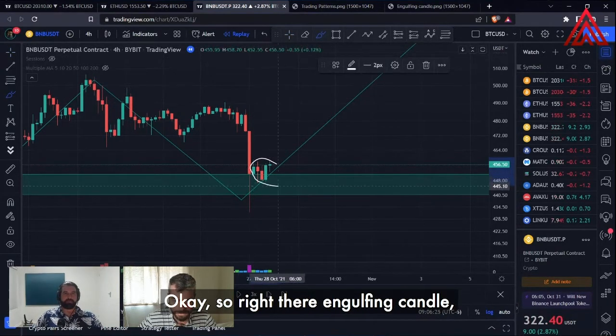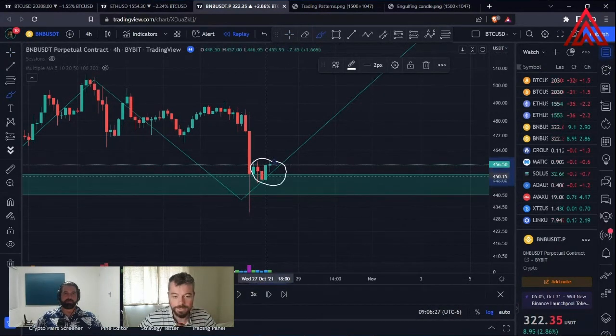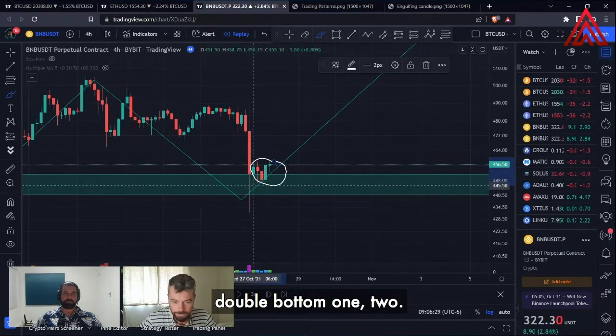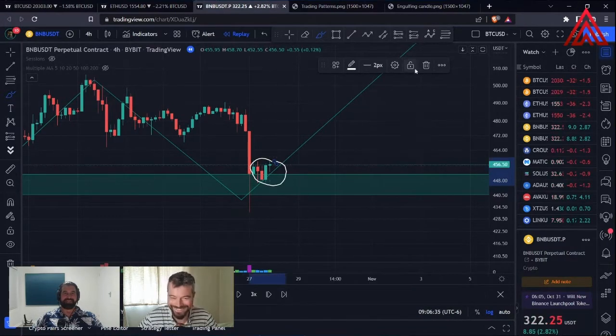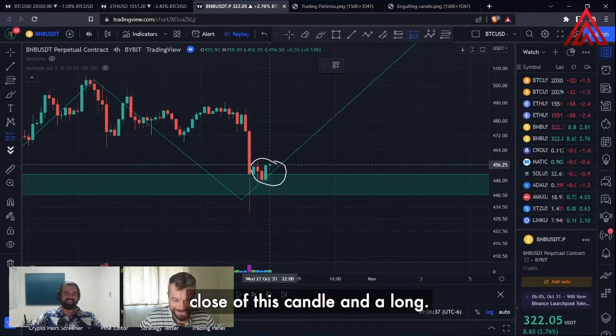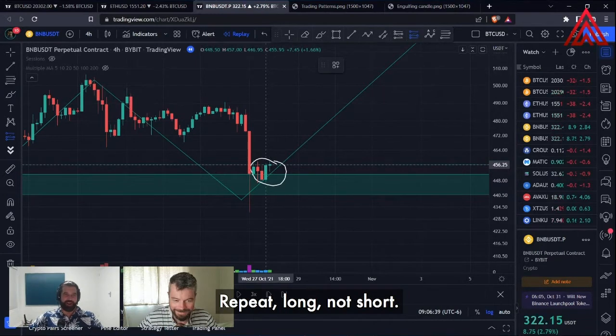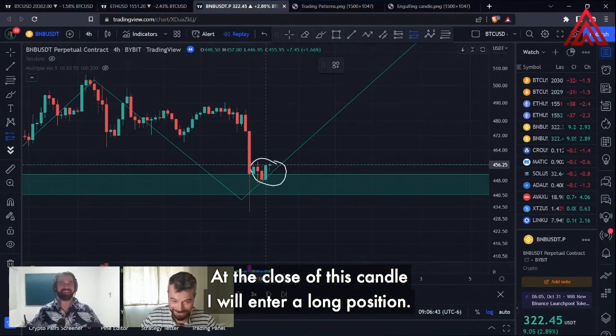Engulfing candle, double bottom, 1, 2. At the close of this candle, I would enter a long. Repeat, long, not short. At the close of this candle, I will enter a long position.